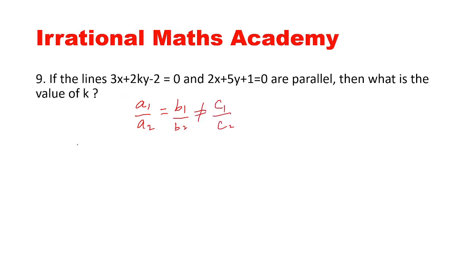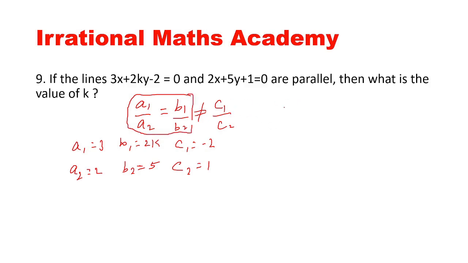So from here, what is my A1 value? A1 value would be 3, B1 equal to 2k, and C1 value equal to minus 2. A2 value is 2. B2 value is 5. And C2 value is 1. Let us substitute in this part.